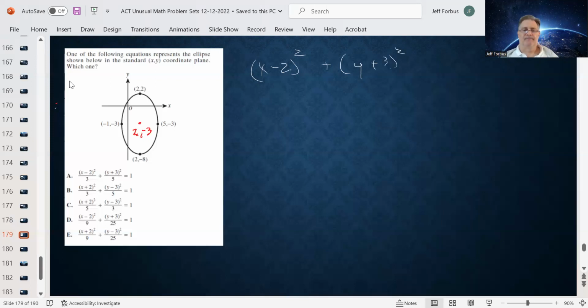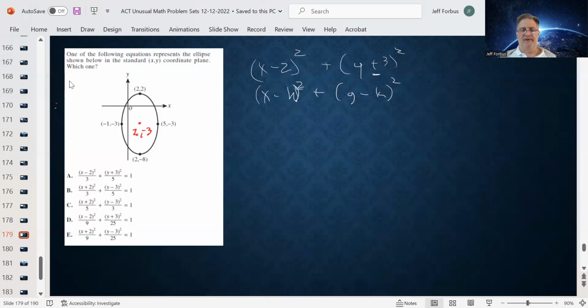And the reason why is because the formula for the standard form of a circle is x minus h squared plus y minus k squared. So it's normally a negative sign for your y value here. And since your y value in your point is already negative, it changes it to a positive sign.